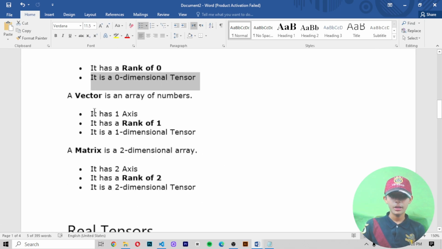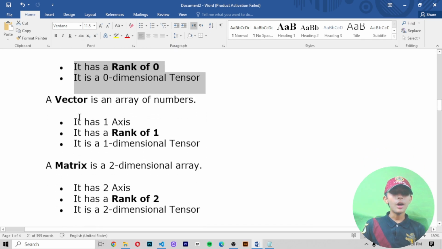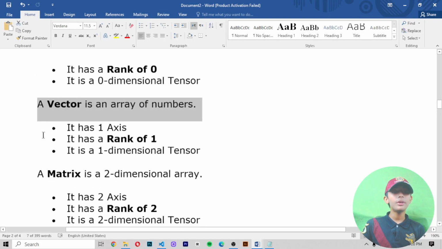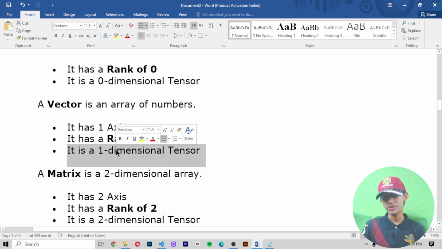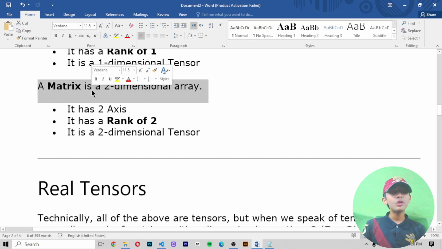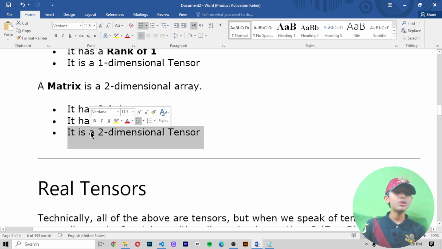A vector is an array of numbers. It has one axis, a rank of 1, and it is a one-dimensional tensor. A matrix is a two-dimensional array. It has 2 axes, a rank of 2, and it is a two-dimensional tensor.